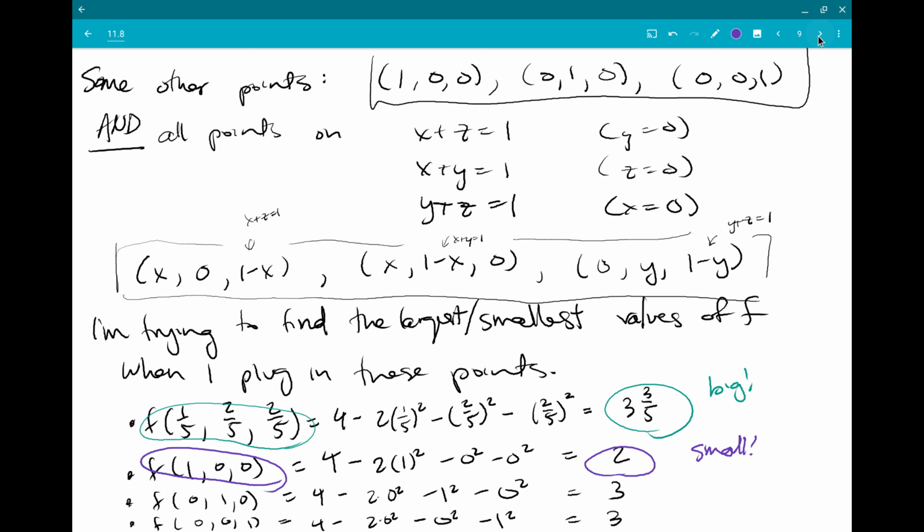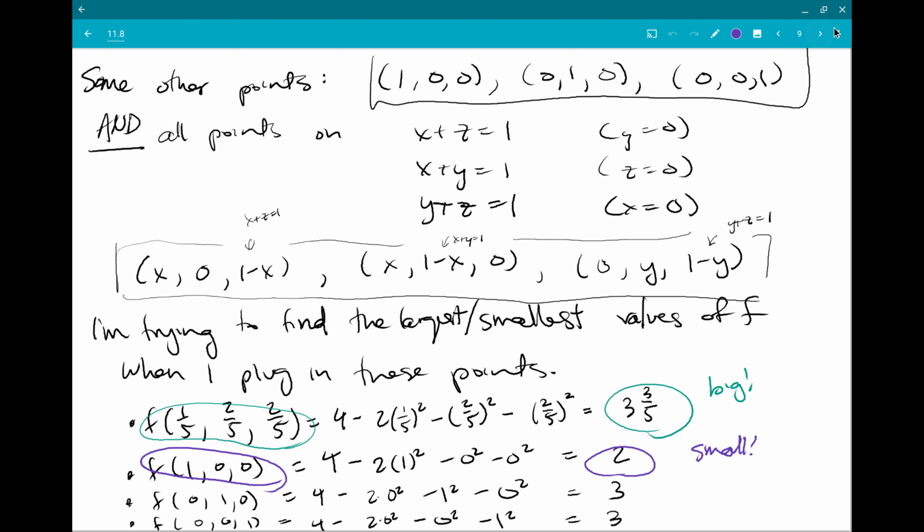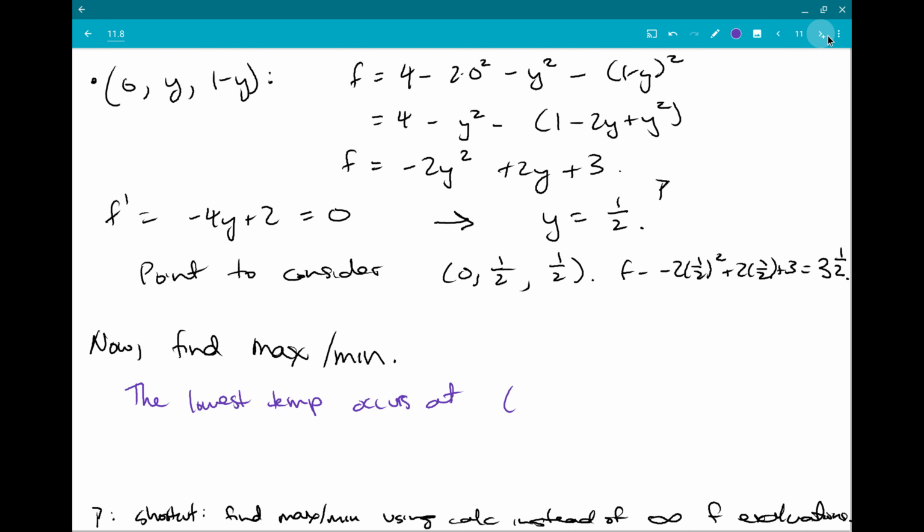So what we find is the minimum, the lowest temp, occurs at, I think it was 1, 0, 0. So F is equal to 2. That's the temperature function is 200 degrees Celsius. That's a minimum.